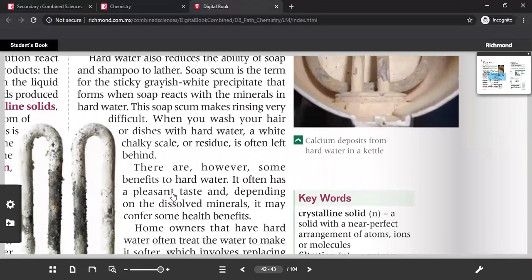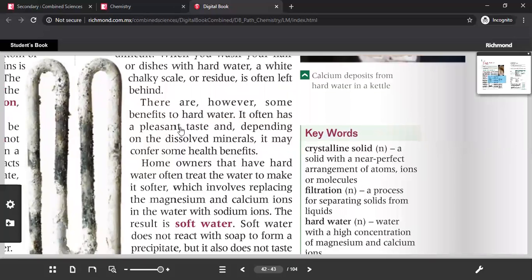Soap scum is the term for the sticky grayish white precipitate that forms when soap reacts with the minerals in hard water. This soap scum makes rinsing very difficult. When you wash your hair and dishes with hard water, a white chalky scale or residue is often left behind, and you can check your shower, for example, or your sink in the kitchen.